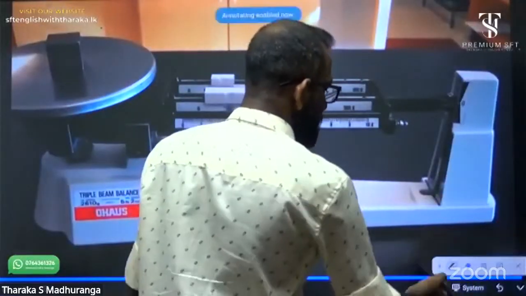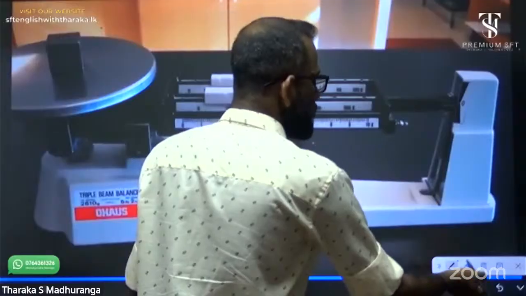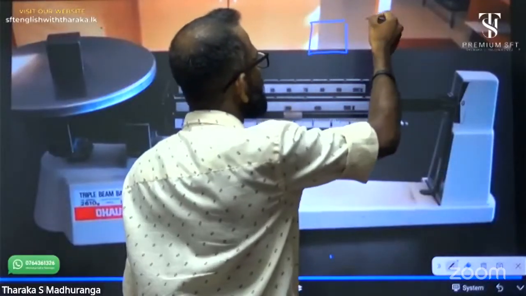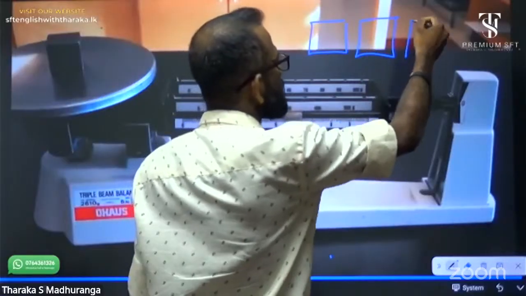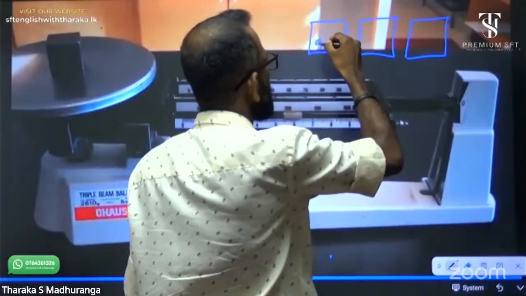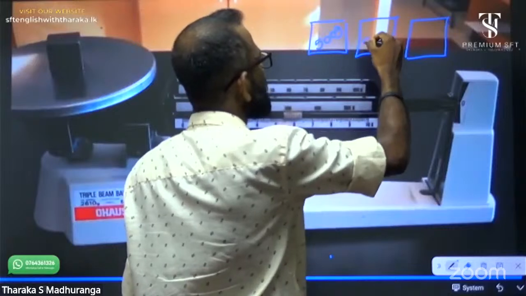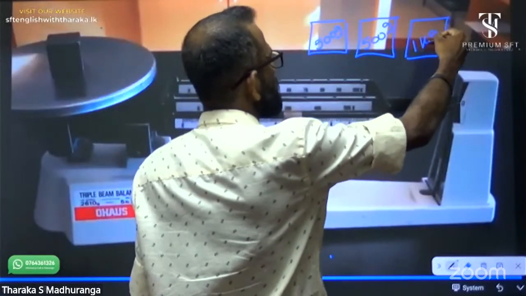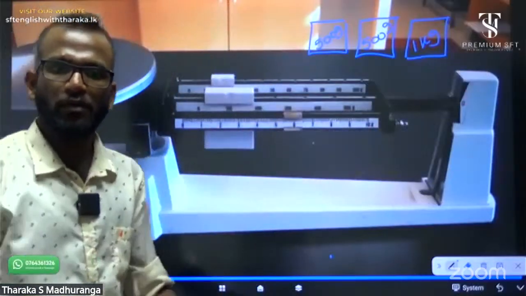Normally, when we get this instrument, the supplier provides 3 additional beams: a 500 gram one, another 500 gram one, and a 1 kilogram one. Overall 2 kilograms are provided by the supplier.